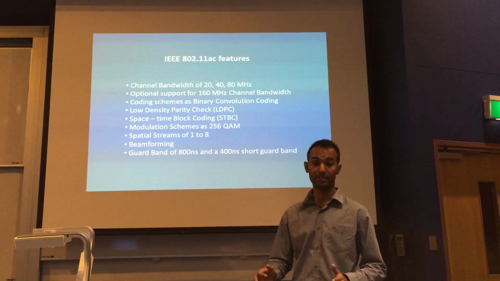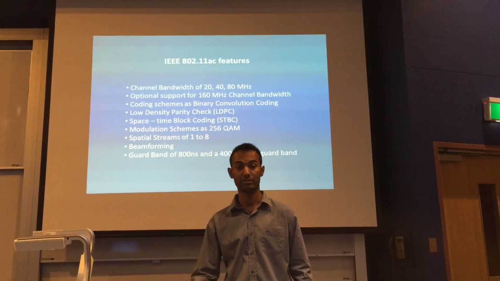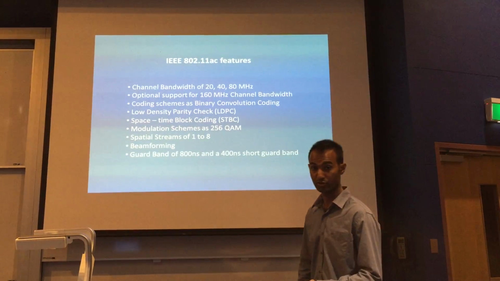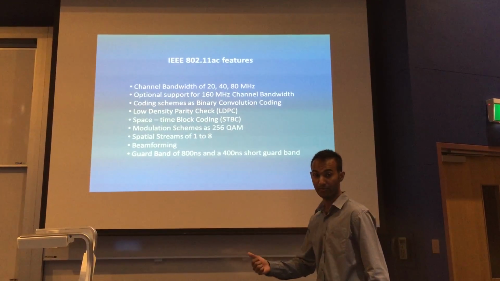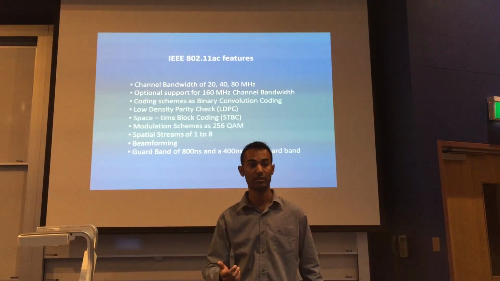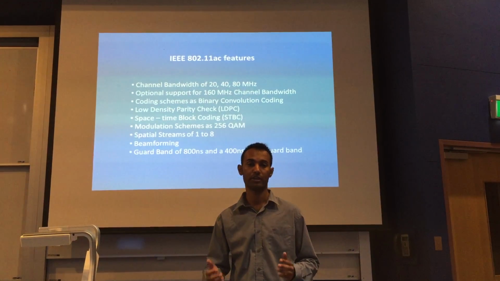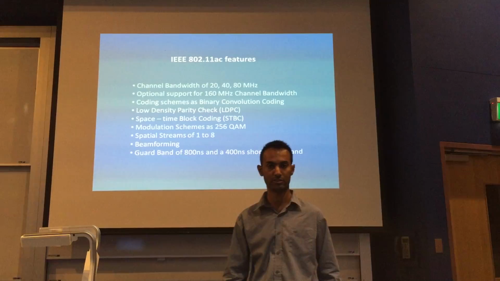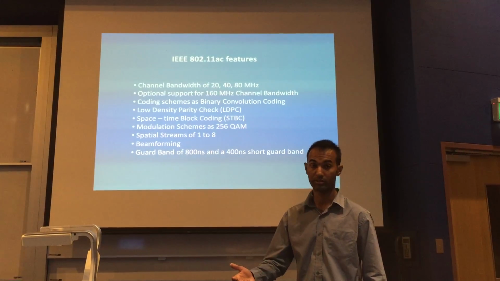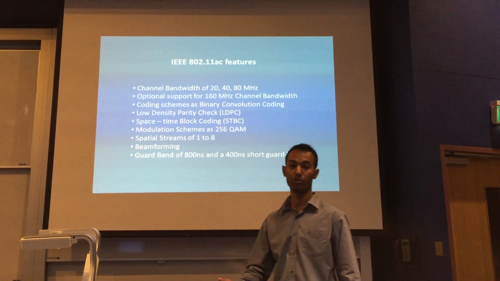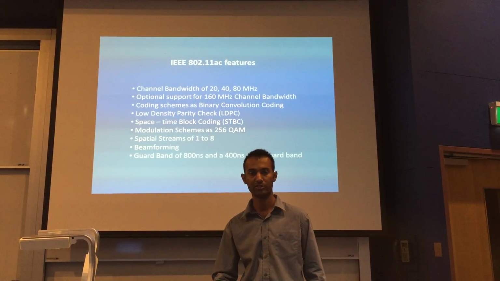So, what are the features of the IEEE 802.11 AC standard? The channel bandwidth is backward compatible, and you can have 20, 40, 80 megahertz.